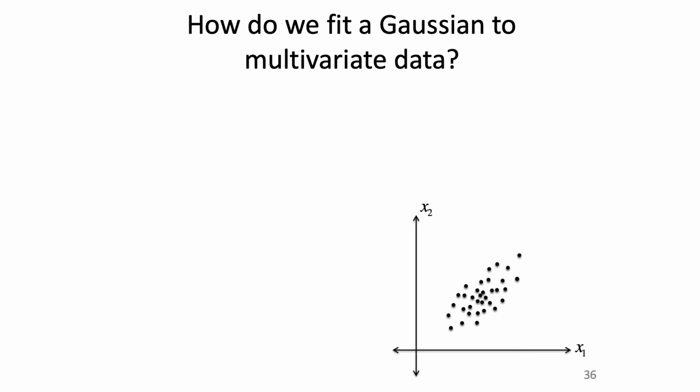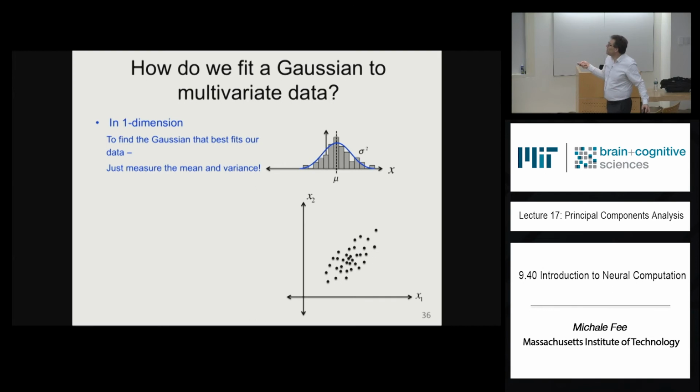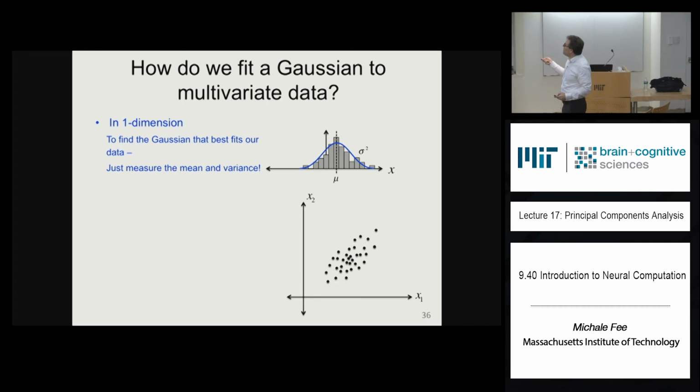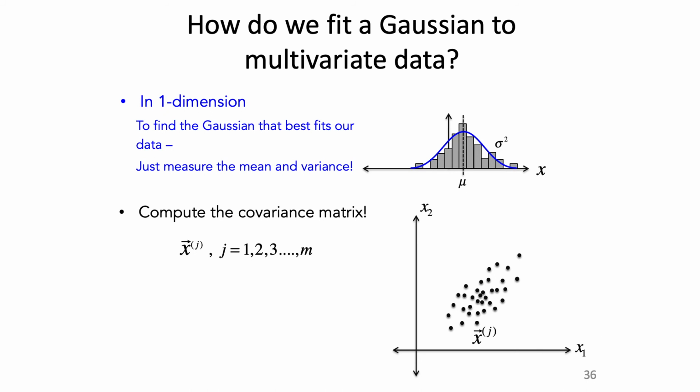So here is some high-dimensional data. Remember that to fit a Gaussian to a bunch of data, all we need to do is find the mean and variance in one dimension. For higher dimensions, we just need to find the mean and the covariance matrix. So that's simple. Here's our set of observations now.